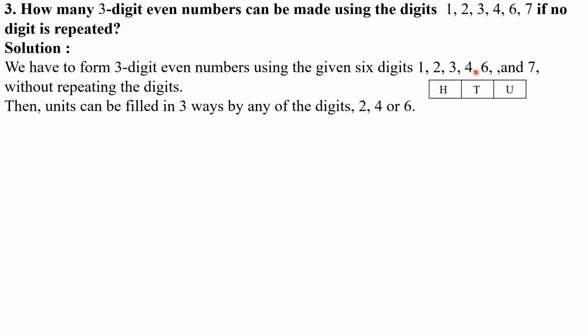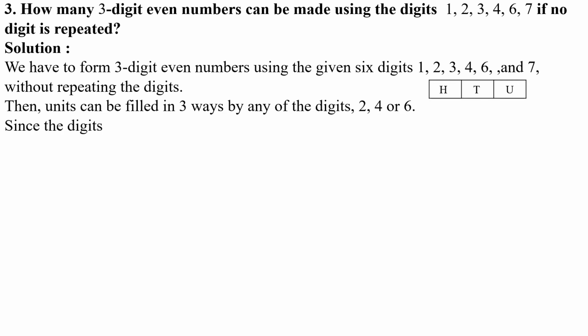Out of 6 digits, 1 digit is already used. Yes, only 5 digits. We fill these 2 empty boxes with the 5 digits. In how many ways can that be done? Yes, 5P2.